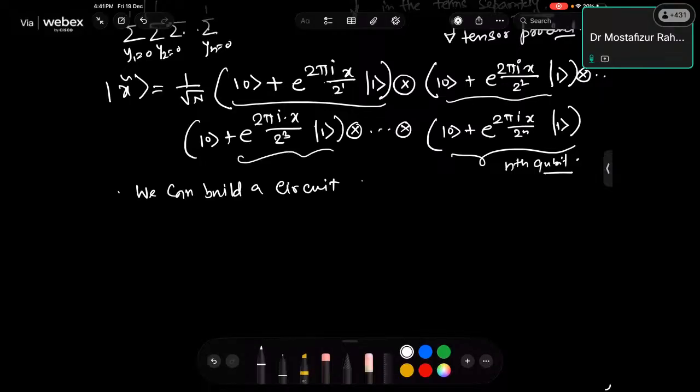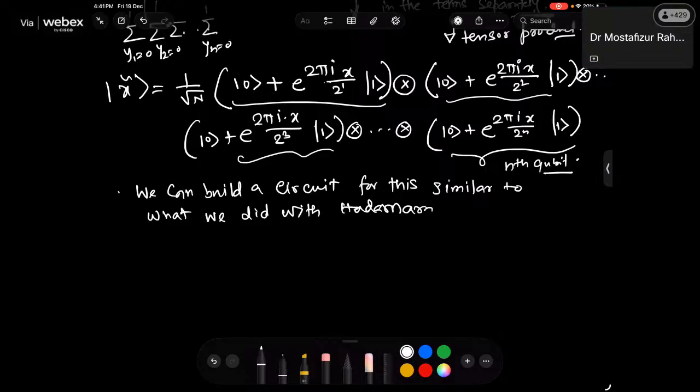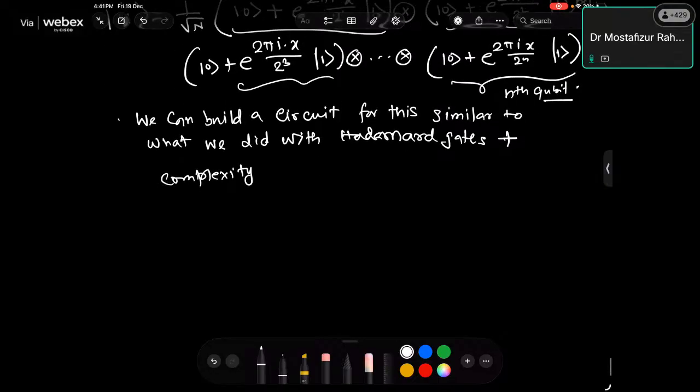So we can build a circuit for this similar to what we did with Hadamard gates, Hadamard gates plus there is a complexity, and that complexity is with the 1 by 2 to the power n in the phase, right?